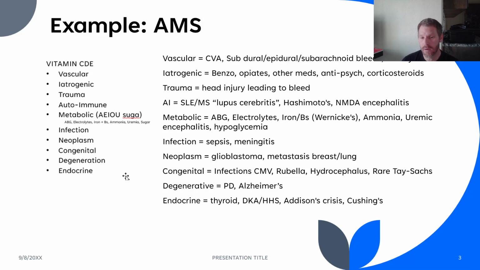Neoplasm, glioblastoma, so we're talking tumors of the brain, which seemed more common when I had an ICU rotation. You've even seen lymphoma metastasized to the brain, breast and lung going to the brain, so anything like that. You would get that hopefully during your workup for the vascular part, you would see something in there.